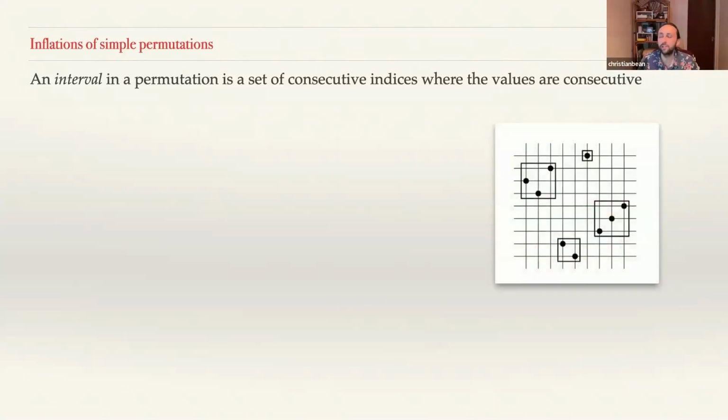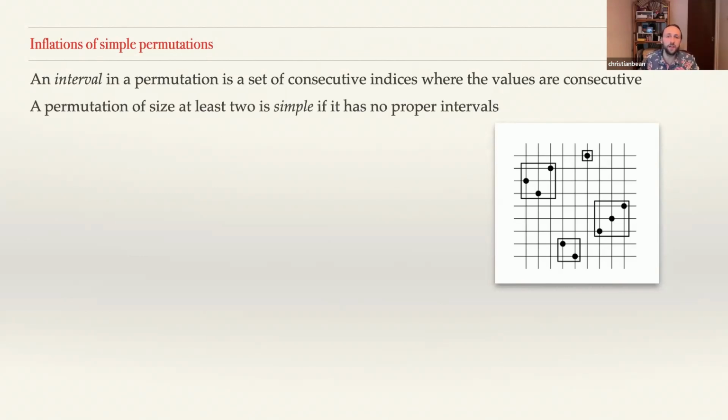So in the grid, this just means that we can draw a square box around the points such that there are no points that intersect the rows outside of the box or the columns outside of the box. We then just say a permutation is simple if it has no proper intervals, meaning no intervals of size at least 2.